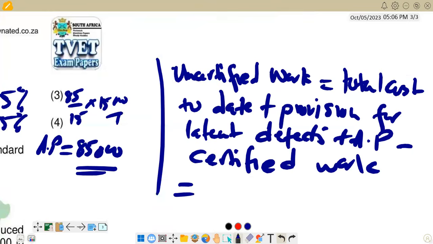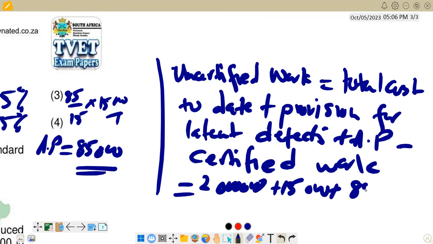So 2 million, then we add 15,000 for latent defects, and also add 85,000, the figure for adjusted profit. Then we subtract the figure for certified work, 800,000.